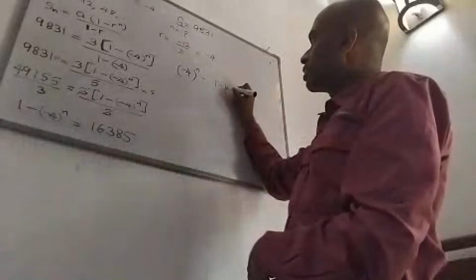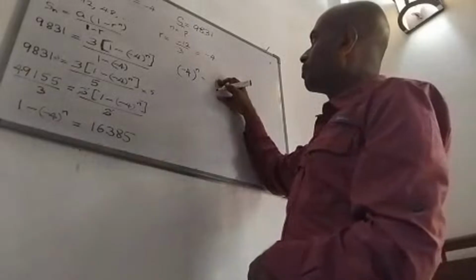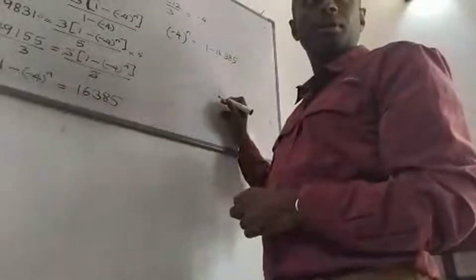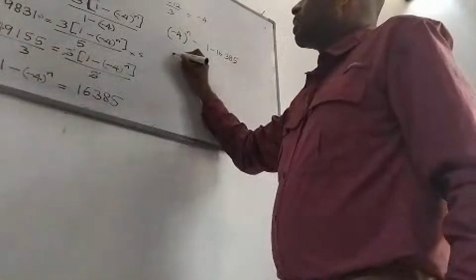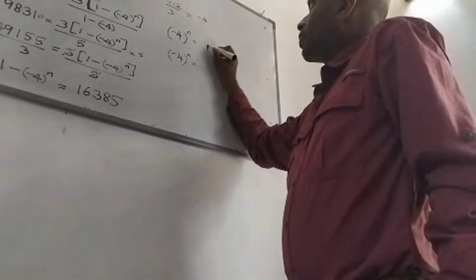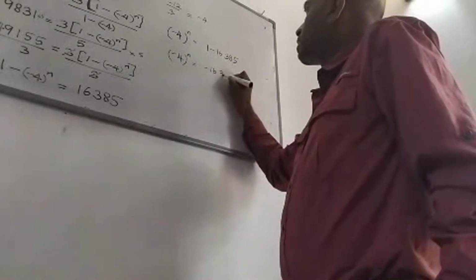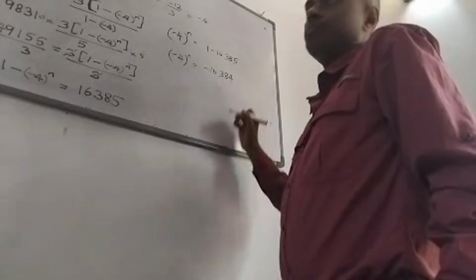Then it is 1 minus 16,385. Then negative 4 to the power n equals 1 minus this, which is negative 16,384.